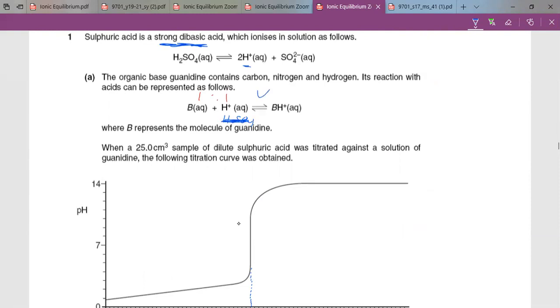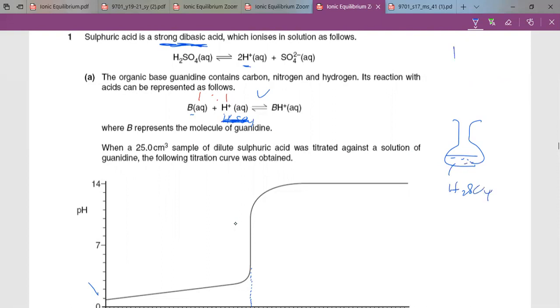All right, so 1 mole is 1 mole, BH plus represents the molecule of guanidine. So when 25 cm cube of the dilute acid was titrated against the solution, which means here, if you want to draw here, I didn't draw that one. So what is here? At the beginning, here's your acid, so here's your H2SO4.